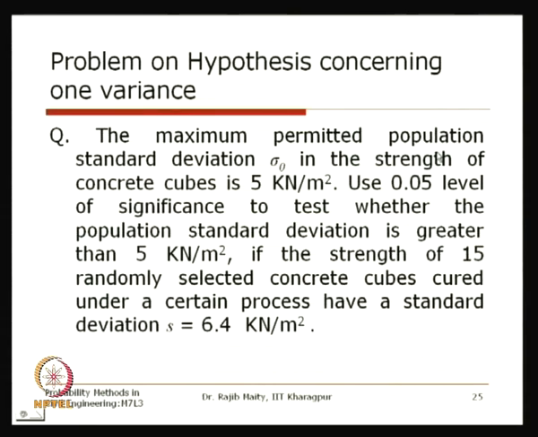We will take one example here. The maximum permitted population standard deviation sigma naught in the strength of a concrete cube is 5 kilonewton per meter square.